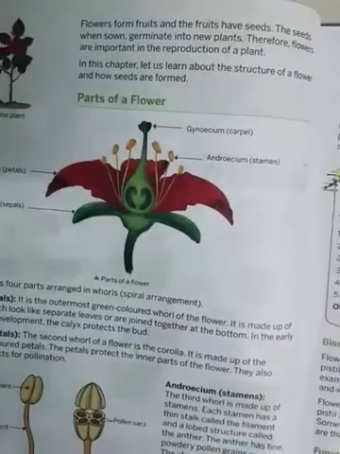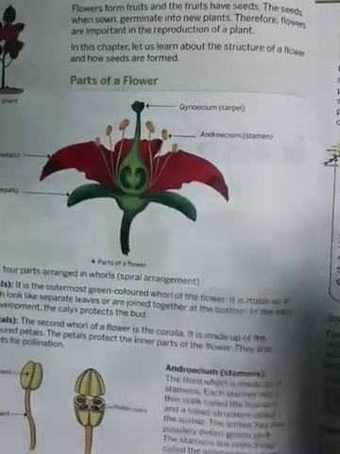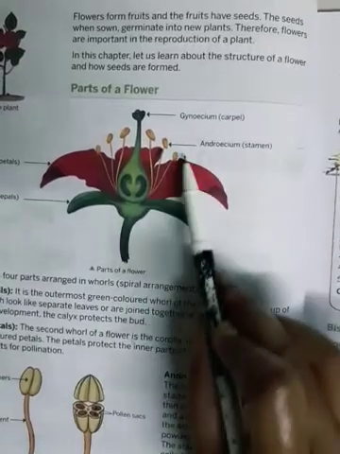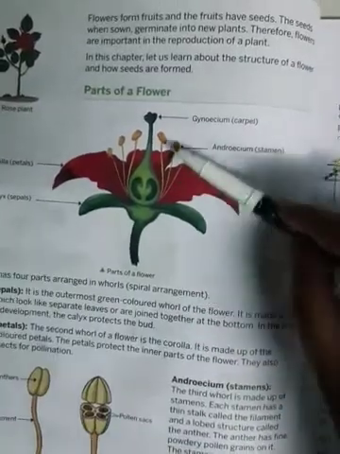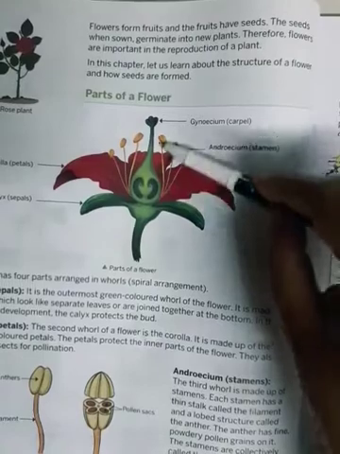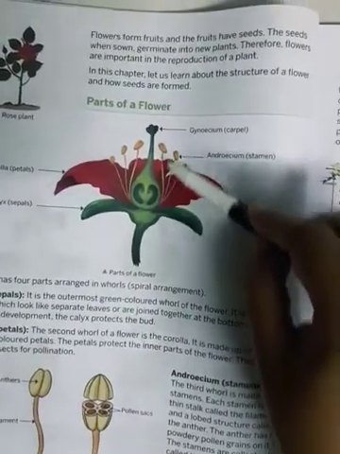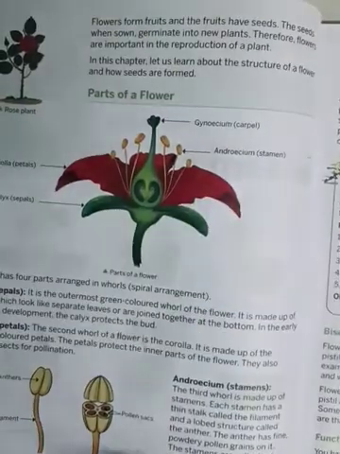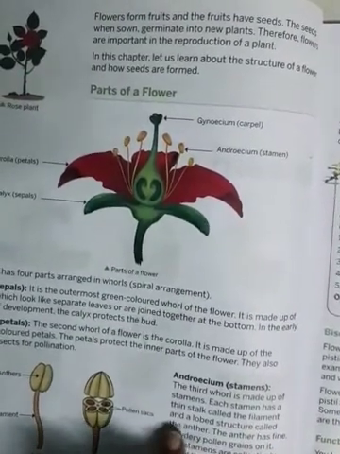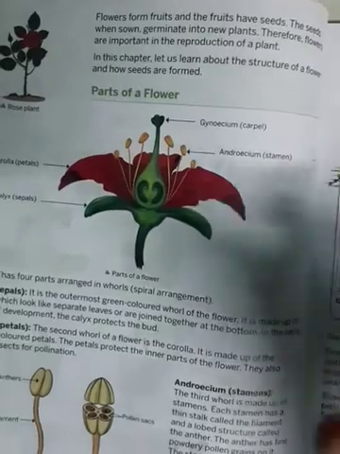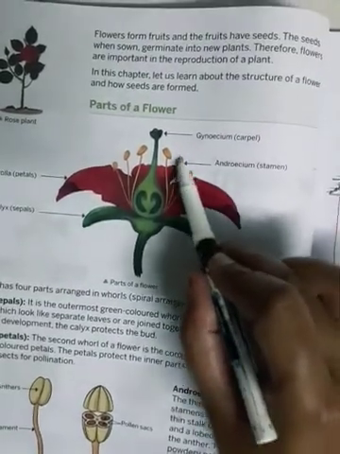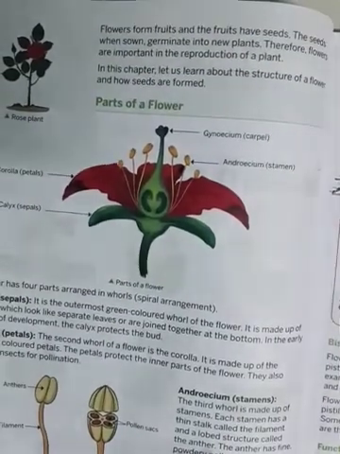Okay, so see, this is the androecium. And can you see the thin stalks here? Can you see these stalks? Okay, this is the filament. Okay, and the lobe structure is called the anther, and this is the anther. Okay, so androecium has two parts.